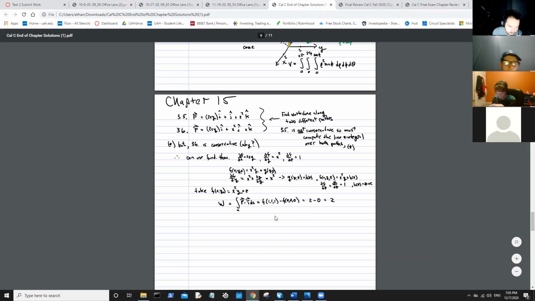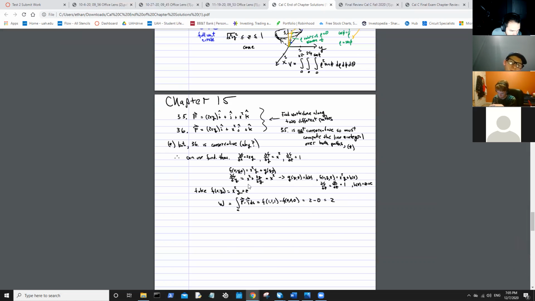And let's see what his potential function was. What did he do? X squared y plus y. Did he mean to do plus yz here? No, plus yx squared, it looks like. I don't know what he's trying to do there.